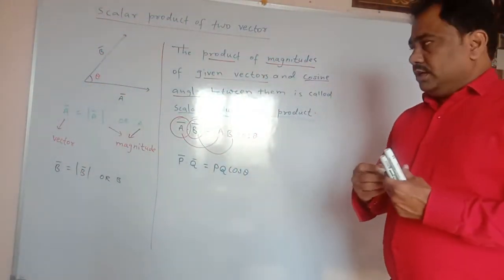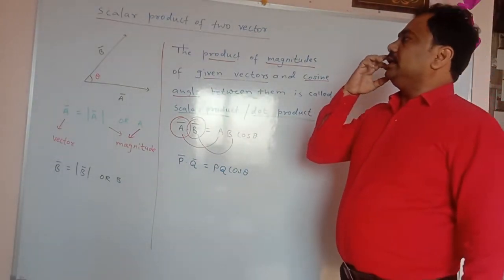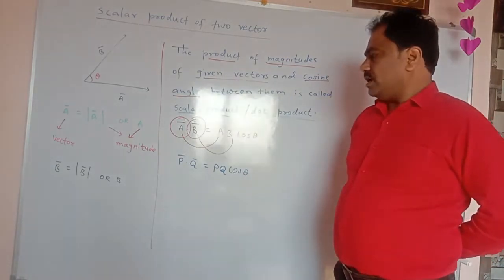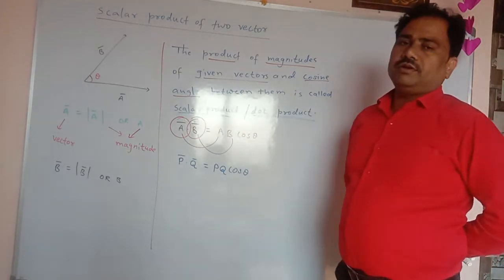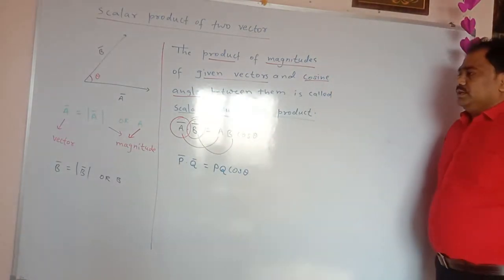Okay. So you have to remember the definition of the scalar product, meaning how we can consider the dot product or scalar product of any two given vectors.